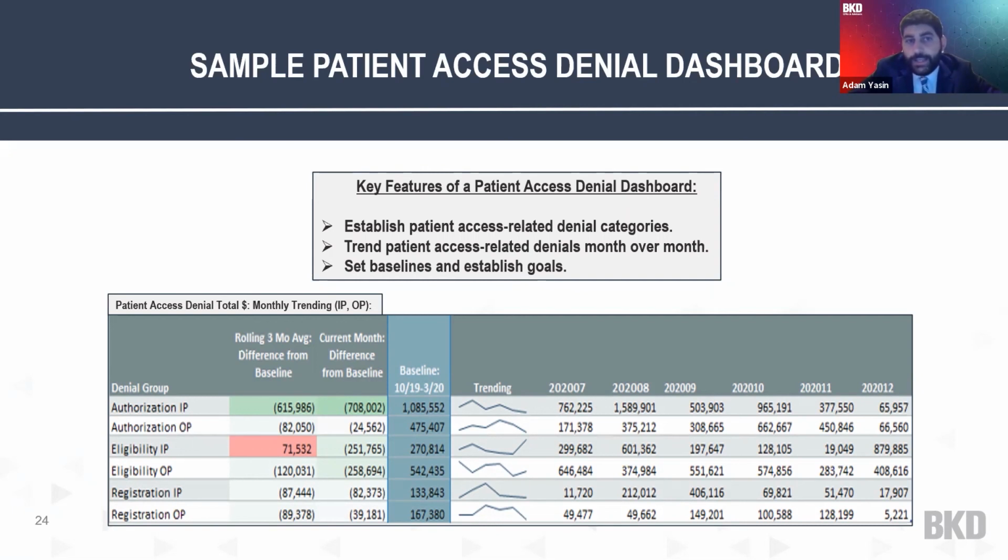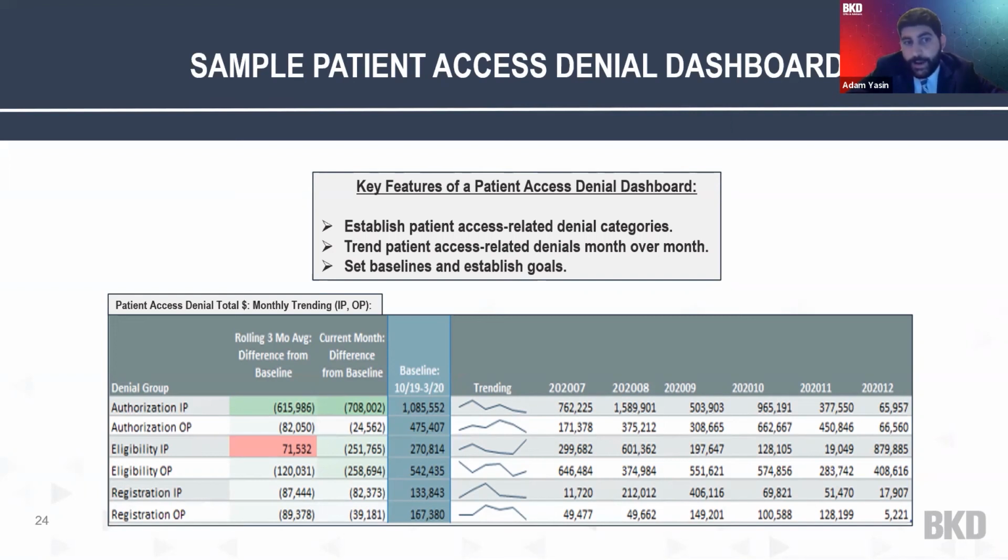And then finally, you want to set baselines and establish goals. This is really good when you're introducing tests of change or a process improvement initiative in this space. By setting a baseline, you're able to measure how you're performing to baseline. I see a lot of organizations do what this dashboard shows in the second column, showing the current month from baseline and your performance there.